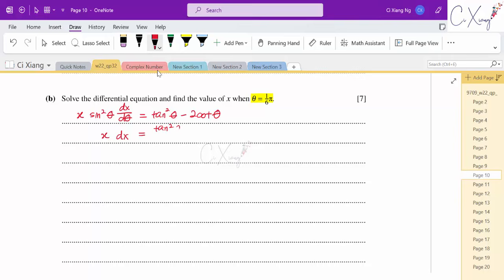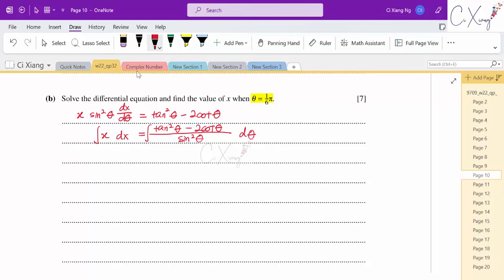Therefore, if I bring the sine square over to the right hand side, I'm having this divided by sine square theta. Then for d theta, if I bring it over, I'm having a d theta at the back. So you can see now very clearly that we have the variables separated to two different sides. The left hand side has all the variable x, and the right hand side has all the variable theta.